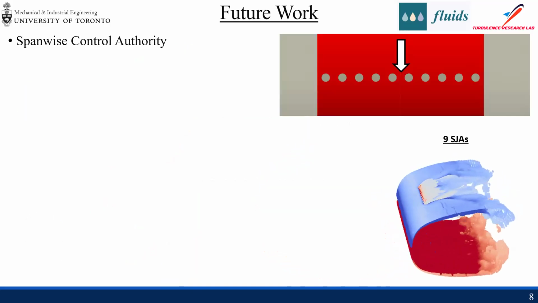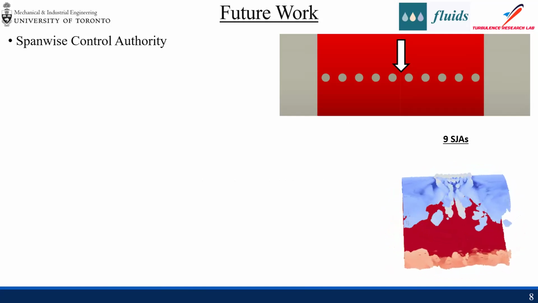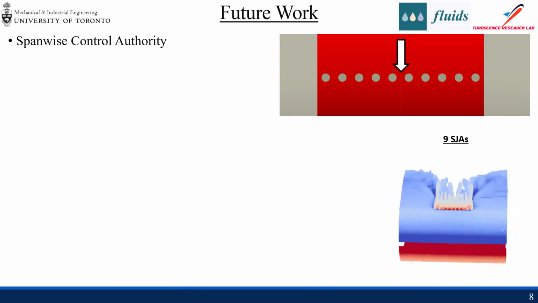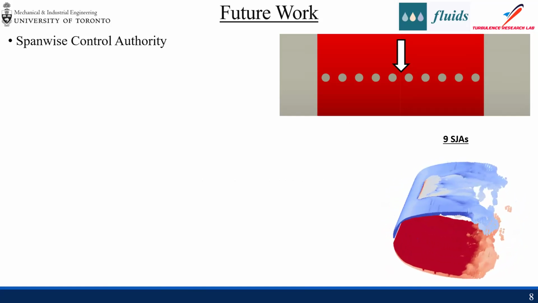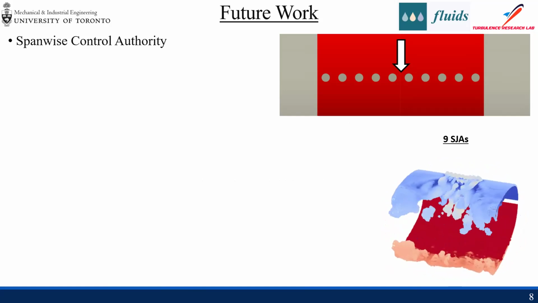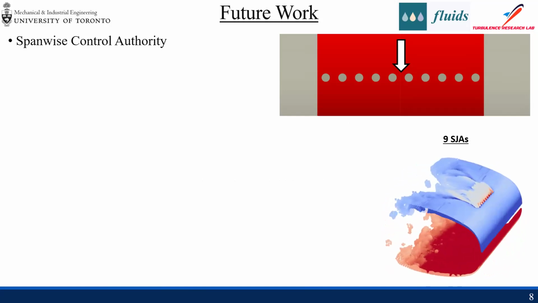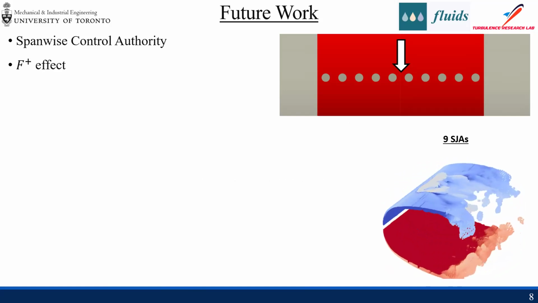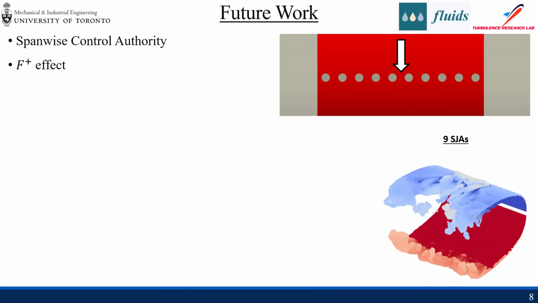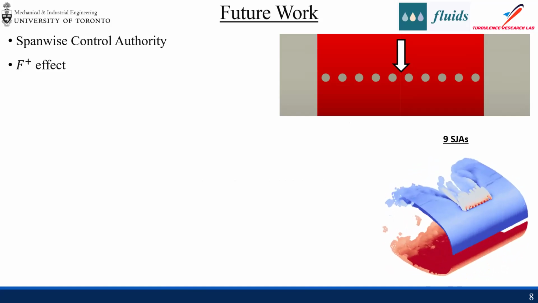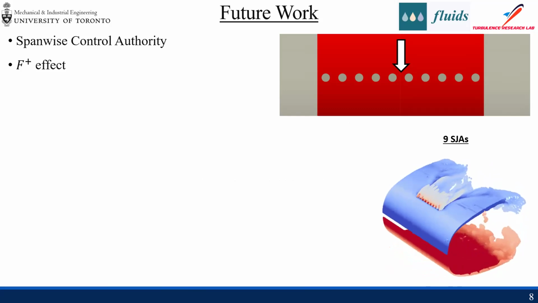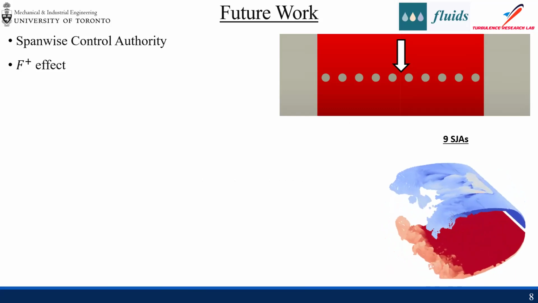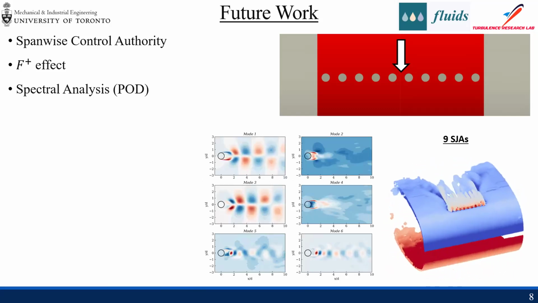Now, in terms of future work, I think the most immediate would be spanwise control authority. And a bit of a spoiler: with more SJAs, their cumulative effect really does enhance it. But it's going to need quite a bit longer to run to get some time average results. Then from there onward, I think an F plus analysis, or running the case at different F plus, would be promising. Some of the existing literature suggests that F plus of 4 and F plus of 10 would also be worthwhile for a cylinder.